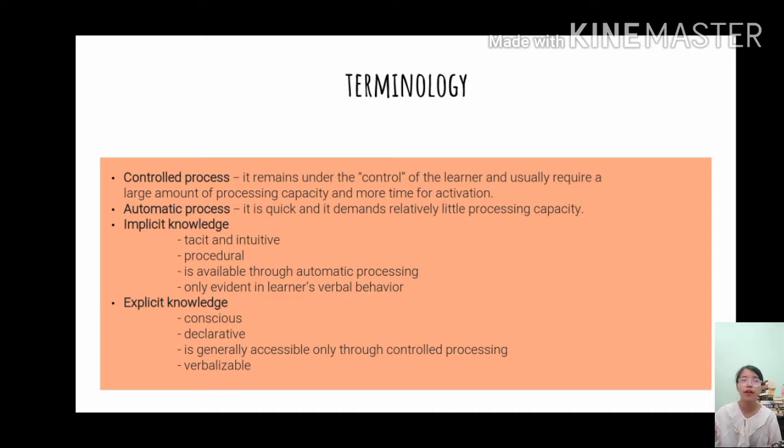We also have implicit knowledge and explicit knowledge. Implicit knowledge is tacit and intuitive, whereas explicit knowledge is conscious. Implicit knowledge is procedural, whereas explicit knowledge is declarative. And lastly, implicit knowledge is only evident in the learner's behavior, whereas explicit knowledge is verbalizable.